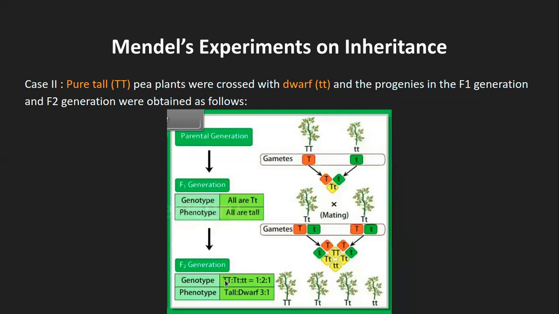This allele is once in the F2 generation, these alleles are twice, and the small tt is once. And the phenotype, that is tall to dwarf, is 3:1. So we have to mention what the alleles and the phenotypes are, and then write the ratio. These are called monohybrid ratios, genotype ratio or phenotype ratio through the monohybrid cross.